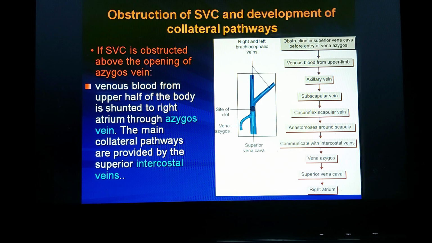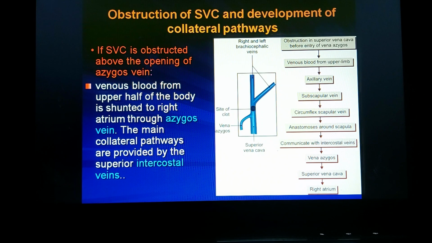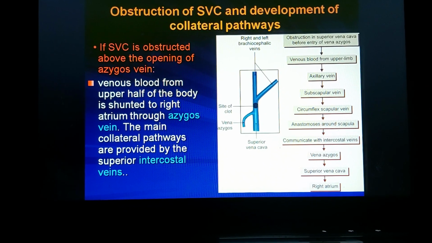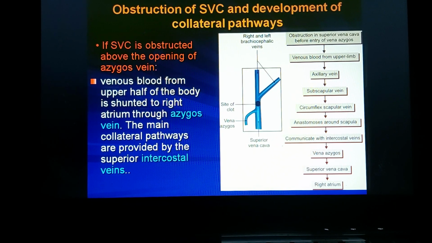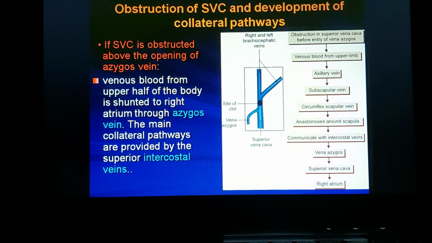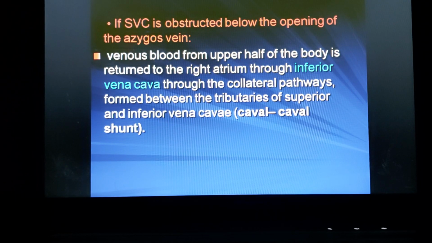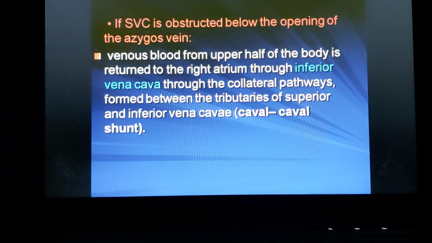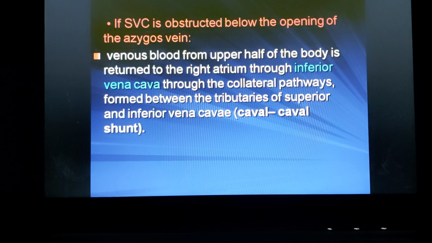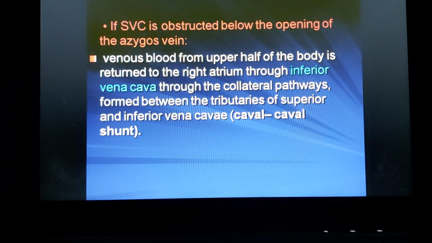Obstruction is at two levels. If the superior vena cava is obstructed above the opening of the azygos vein, there is a formation of collateral pathways provided by the superior intercostal vein. The second type of obstruction is below the opening of the azygos vein, where collateral pathways are also formed between the tributaries of the superior vena cava and inferior vena cava, that is the caval-caval shunt.